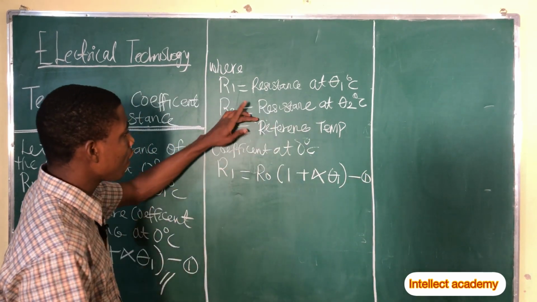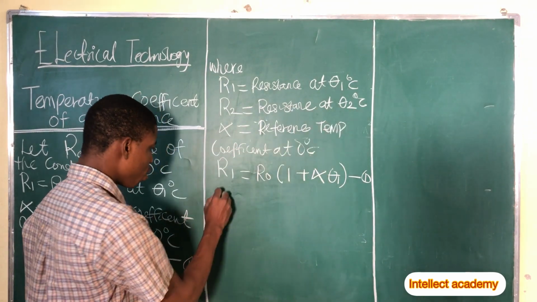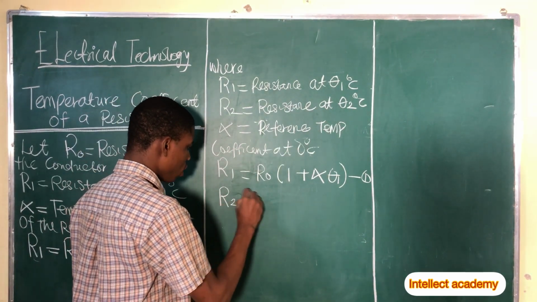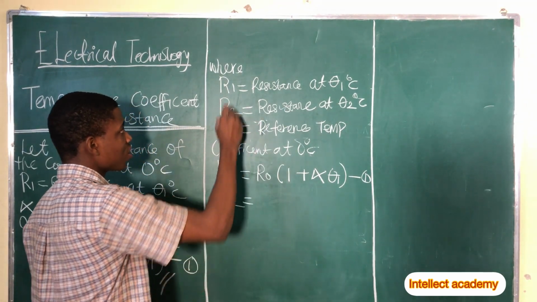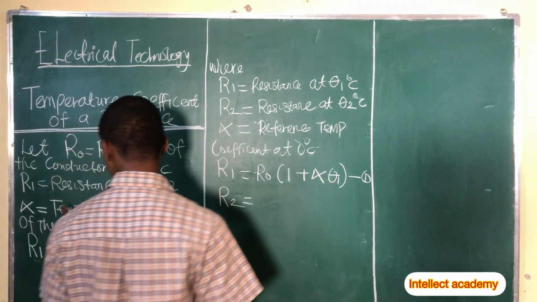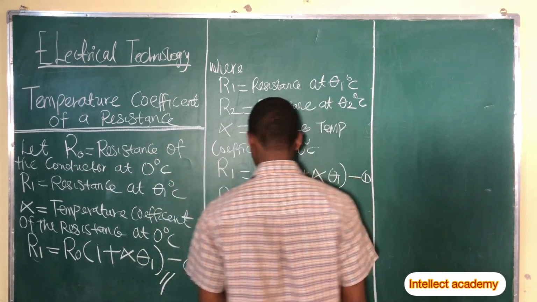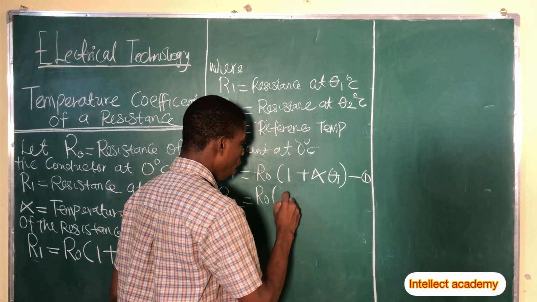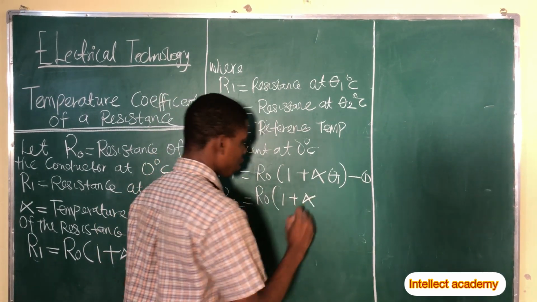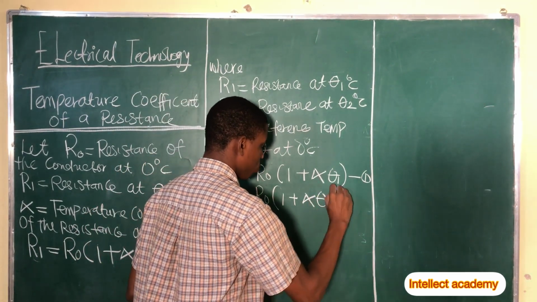In the case where we have the resistance at theta 2, R2 equals what? We reference to what? R0, which is the resistance of the conductor at 0 degrees Celsius. So this is going to be R0 bracket 1 plus the reference temperature coefficient multiplied by theta 2.